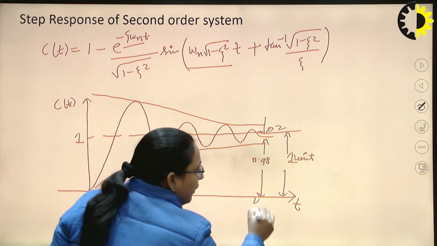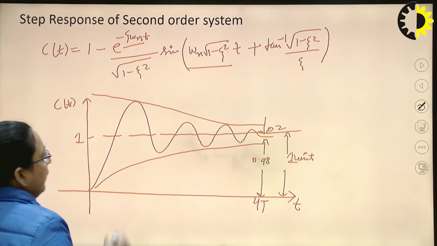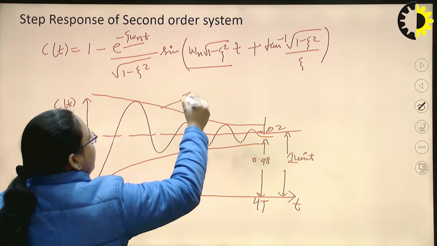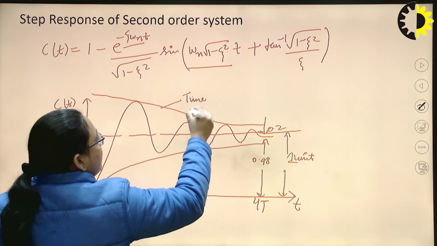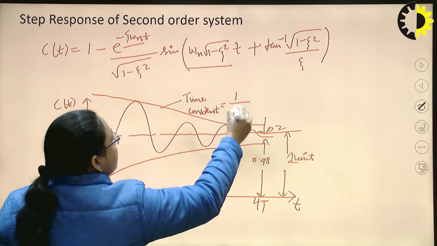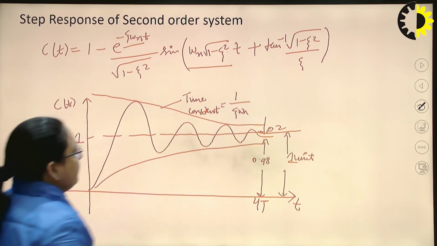It is around at 40. Okay, and the time constant here will be equal to 1 by zeta omega n.